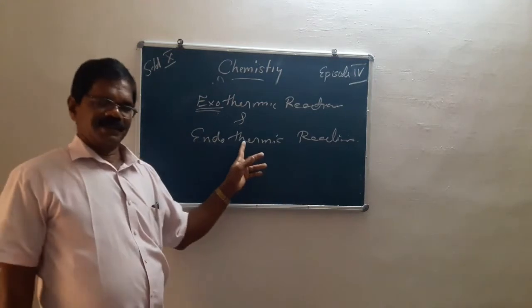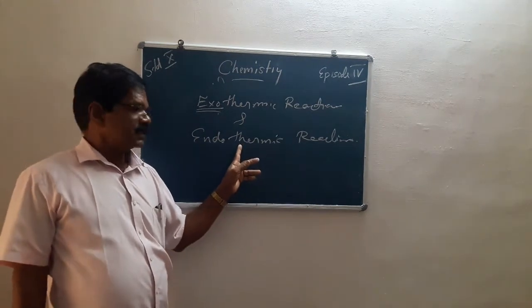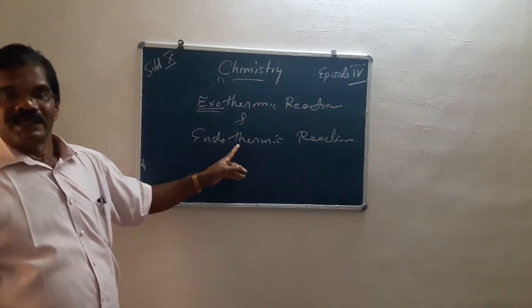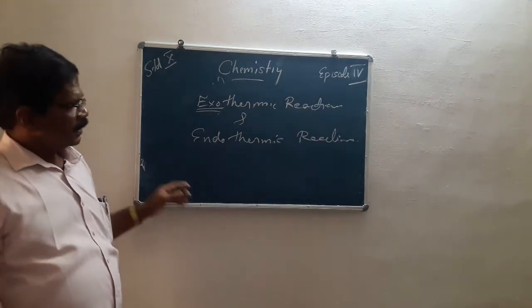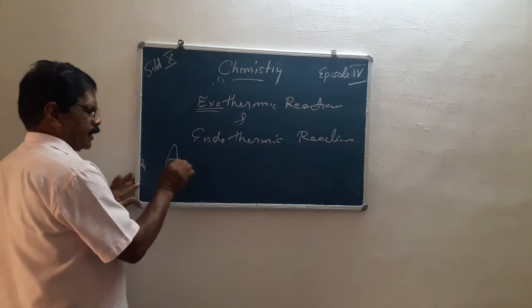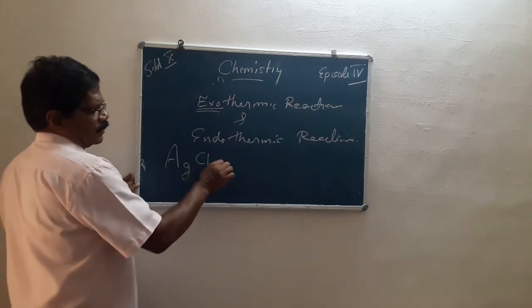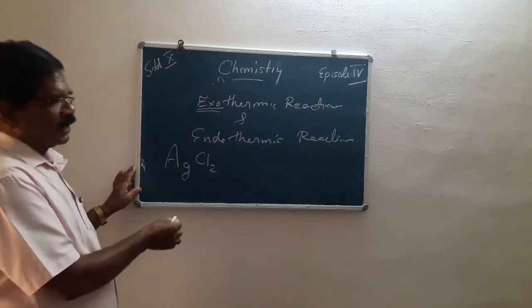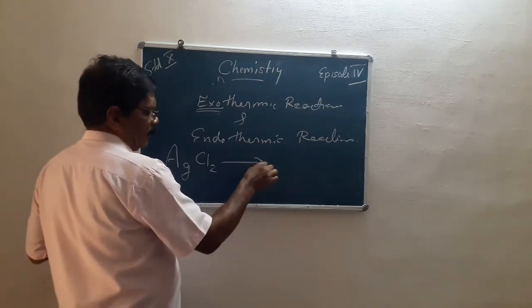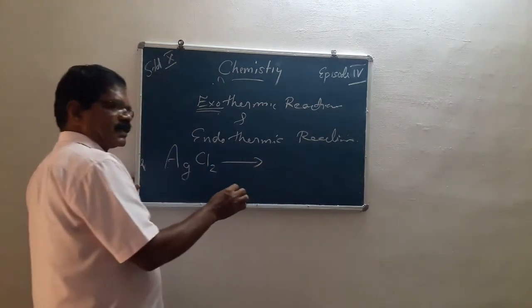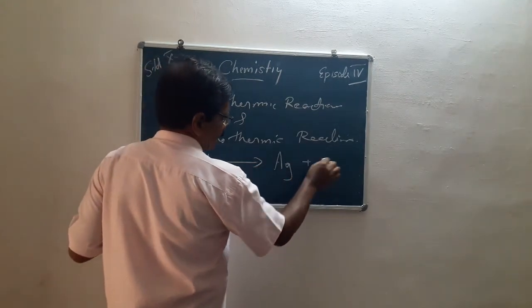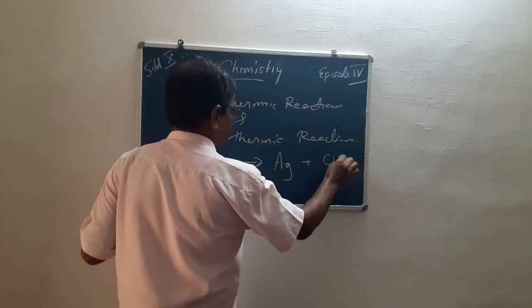During these decomposition reactions, heat energy, light energy, or electrical energy may be used. When silver chloride is placed in sunlight, it turns grey, and silver and chlorine are evolved.